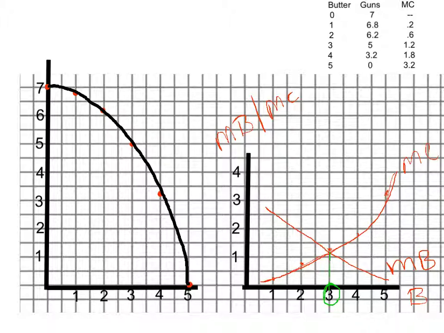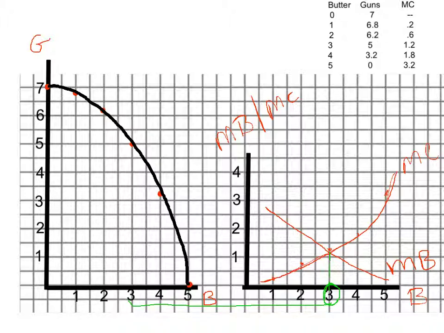Now, if he produces three units of butter, how many guns can he produce? Well, let's go back over to our other graph and do some labeling here. For the production possibilities curve, butter was on the horizontal axis, and guns were on the vertical axis. If he produces 3 units of butter, I come over, those 3 units of butter will be right here.